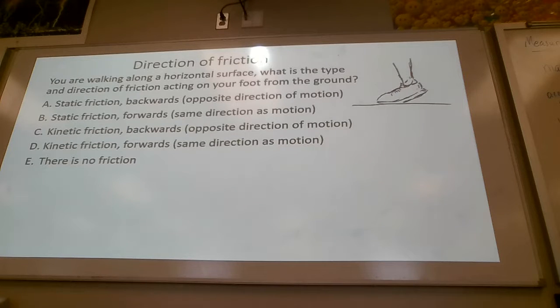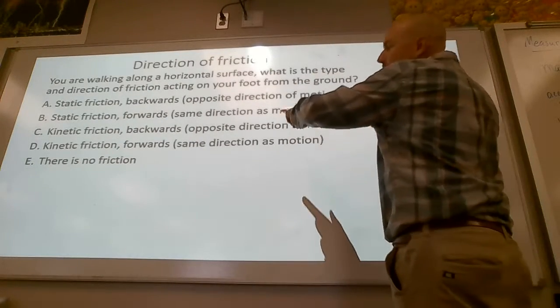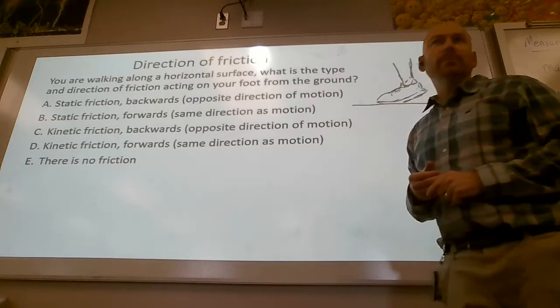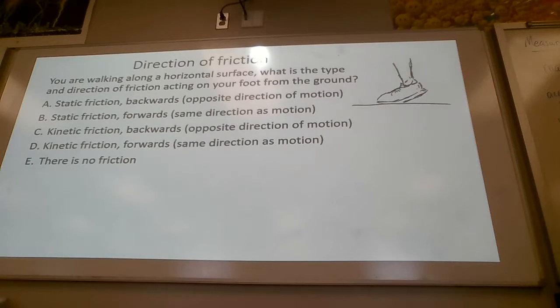What's positive and negative? Where's the positive? So the same direction of motion would be to the left, opposite direction of motion would be to the right. The way you're walking, it's to the left direction of motion.